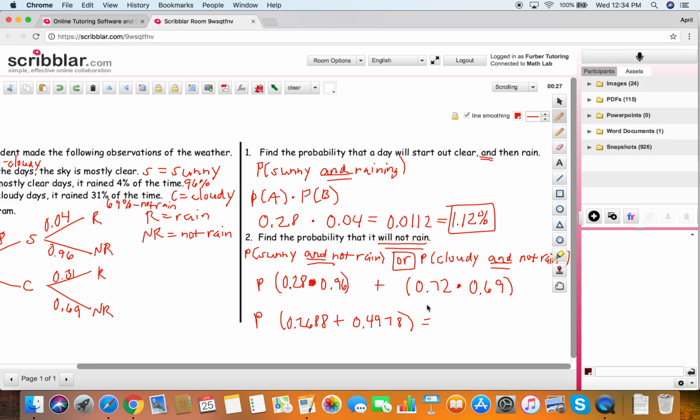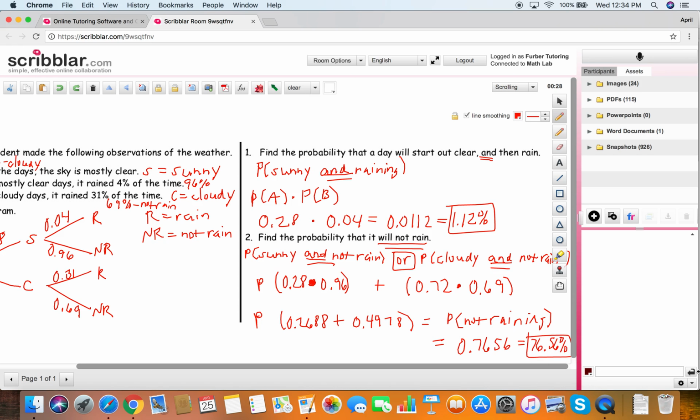So if I were to add those up, I'm going to get the probability of it not raining is equal to 0.7656, or about 76.56%.